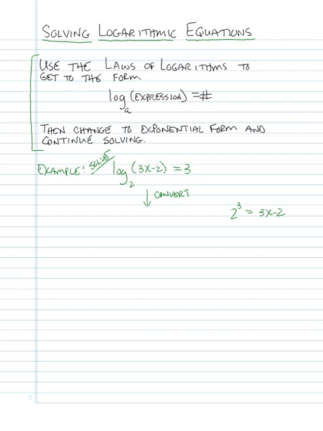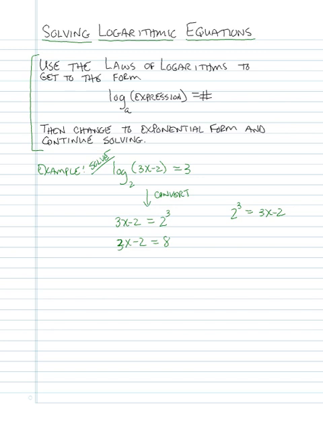Now, because we're going further in solving equations, I'm going to put my argument on the left side. So 3x minus 2 is equal to the base 2 raised to the power 3. That's the way I would handle that. And once we evaluate 2 to the third, this is a pretty simple equation to solve: 3x minus 2 is equal to 8.